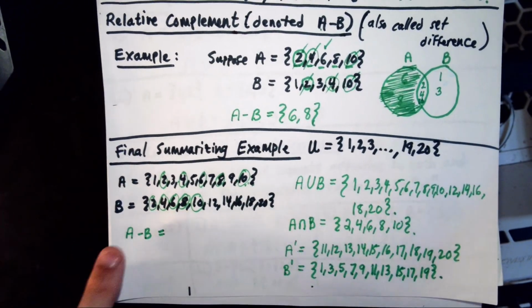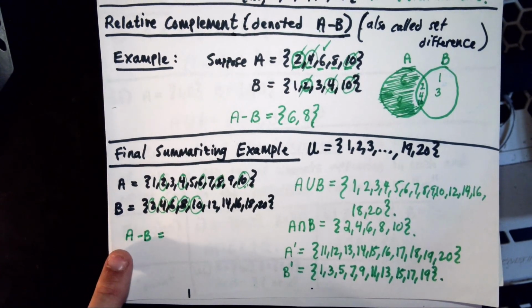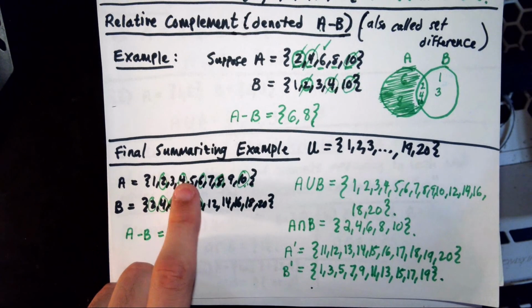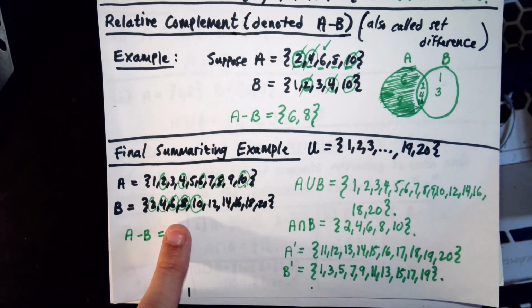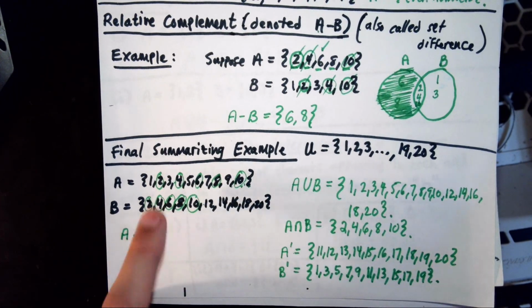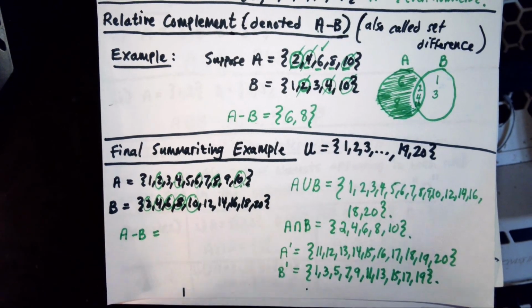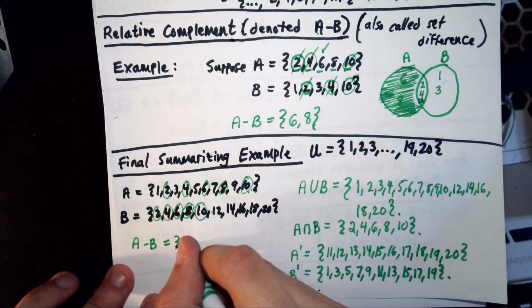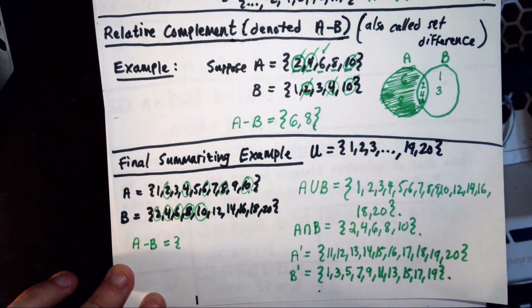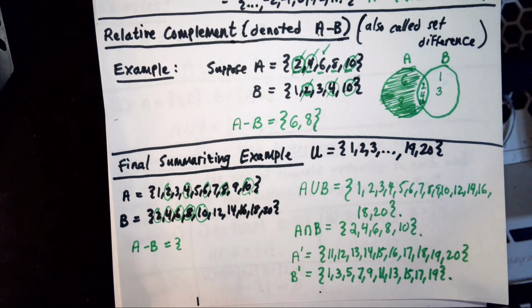A minus B is the set of stuff in A, but we throw out anything that appears in A that also appears in B. So we consider A, but we throw out the stuff that's in common between the two sets. We know that A is the numbers 1 through 10, and we know B has only even numbers, right?